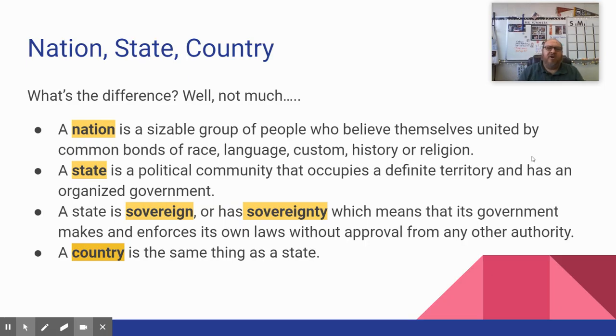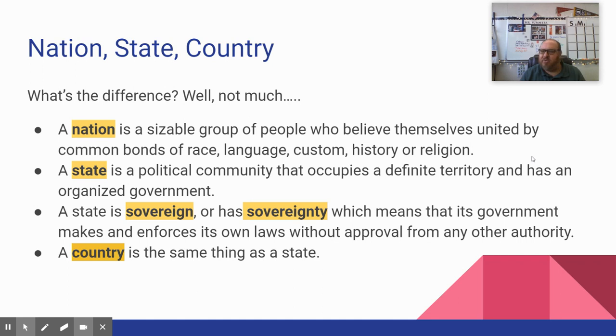Okay, so shifting on to nation, state, and country. What's the difference? A lot of times we use those terms interchangeably. There is a little bit of a difference between the three of them. A nation is defined as a sizable group of people who believe themselves united by common bonds.